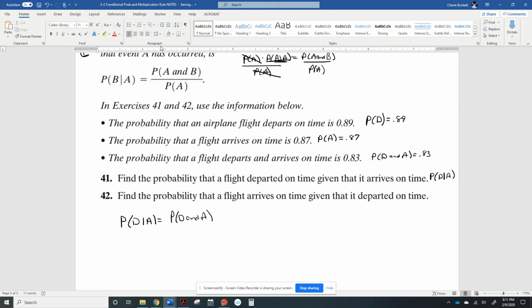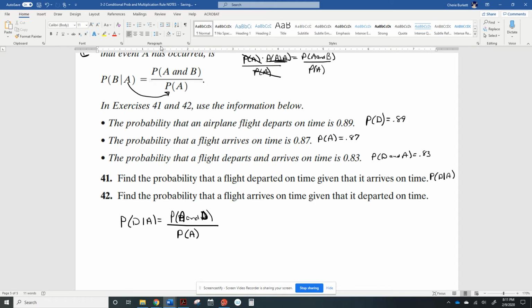Let's pay attention to the order. I don't think it matters, A and B is the same thing as B and A. We'll do it right here: arrives and departs on time, given that. What's given goes on bottom. Well, that's not new. We did that when we did those tables. What was given was the new sample space.